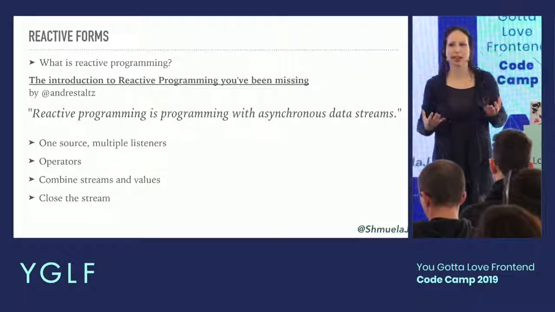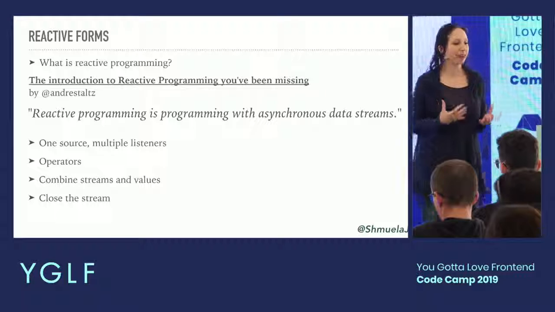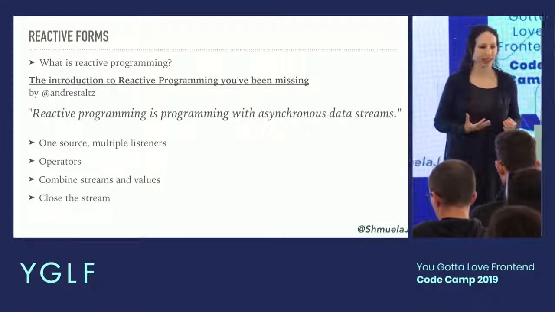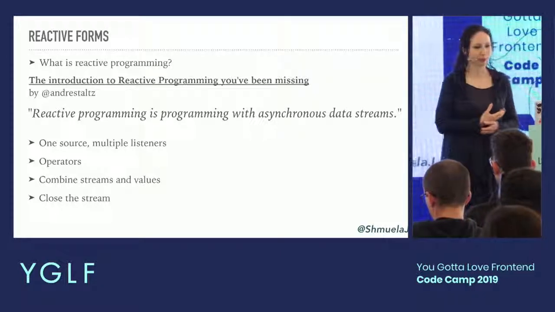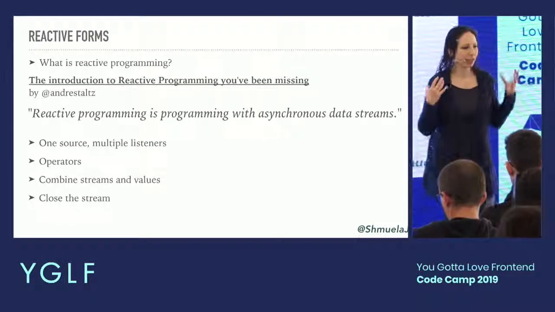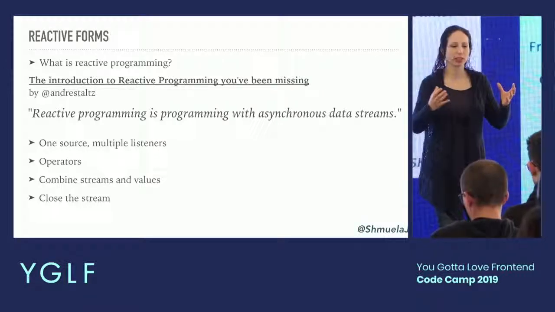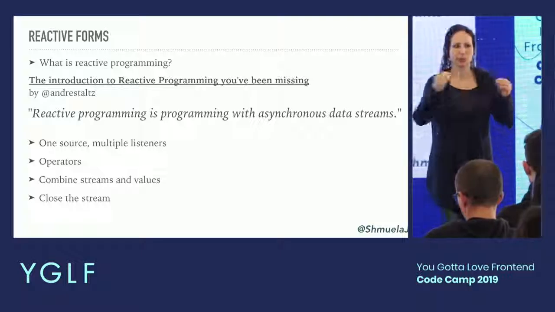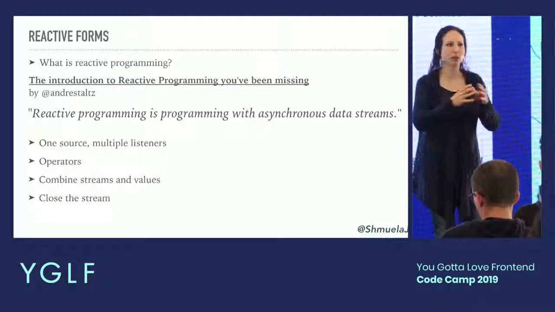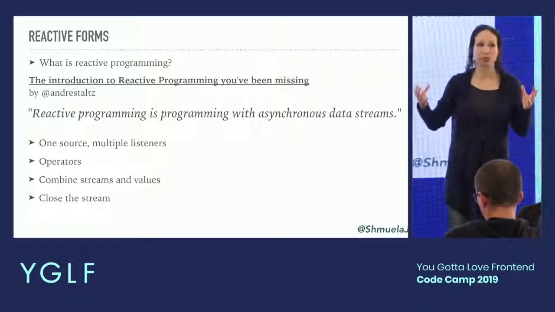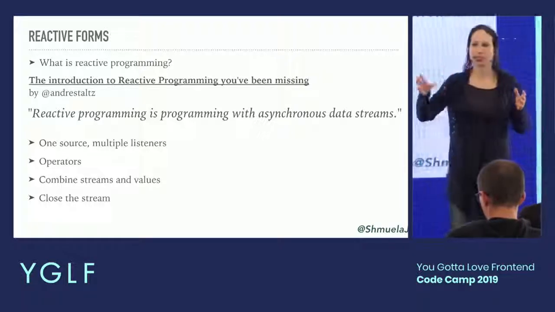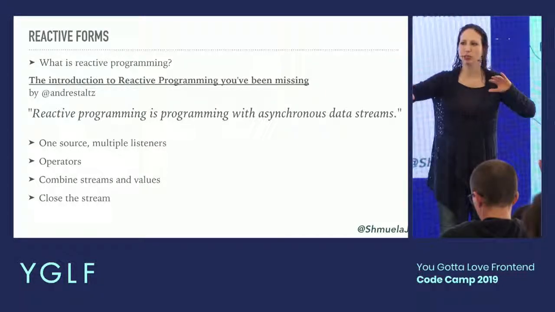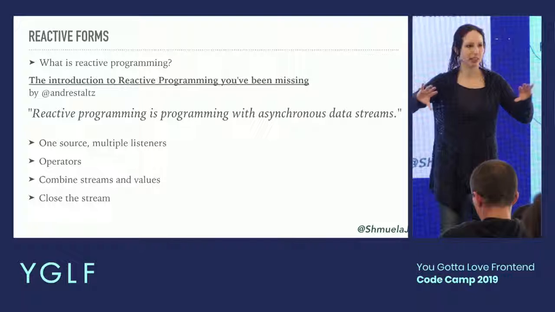And why do I like using reactive programming in many cases? And especially in Angular with RxJS. We have observables, which are what we're subscribing to, which are actually the streams. So we can have one source of a stream and multiple listeners to the changes, and they don't affect one another.